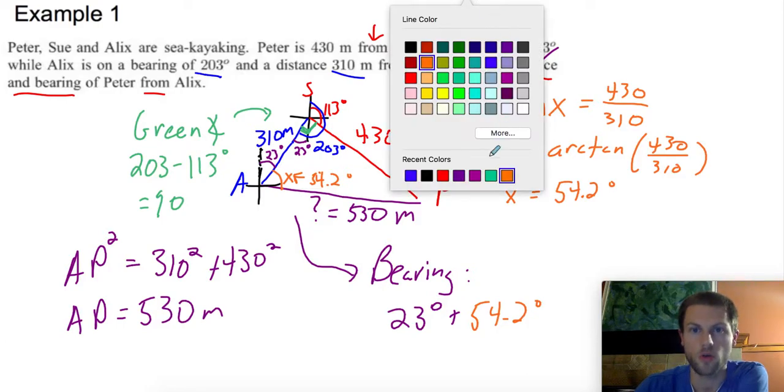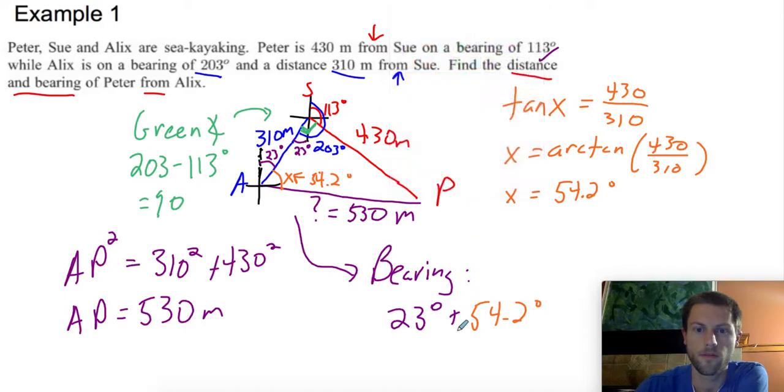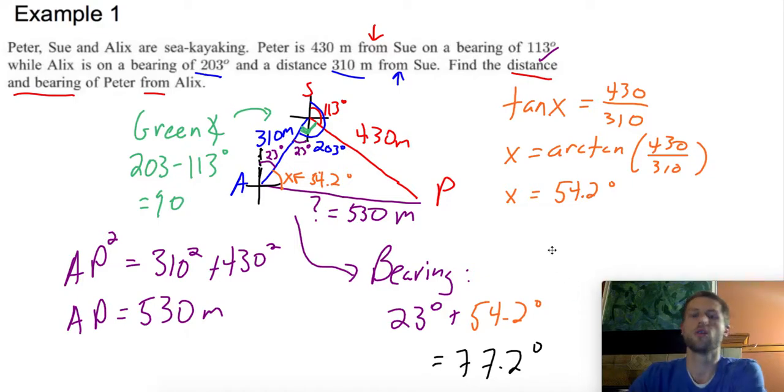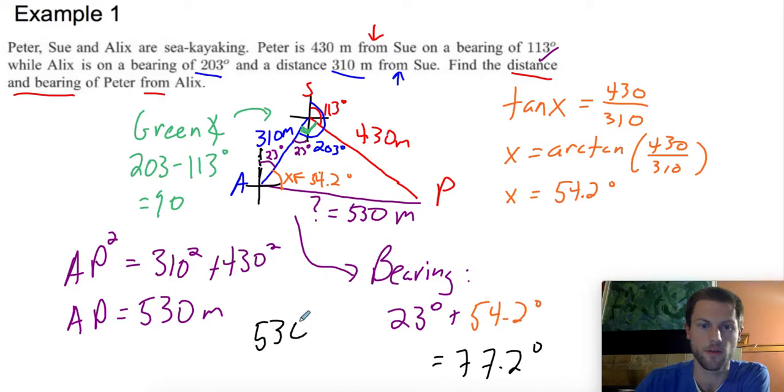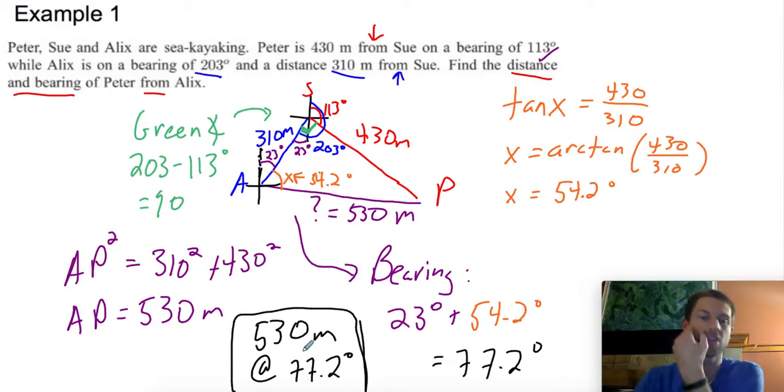So in total, the bearing is going to come out to be 77.2 degrees. So when it's all said and done, the distance and bearing of Peter from Alex is, let's write that down here, 530 meters at a bearing of 77.2 degrees. So quite a bit of work just to get that.